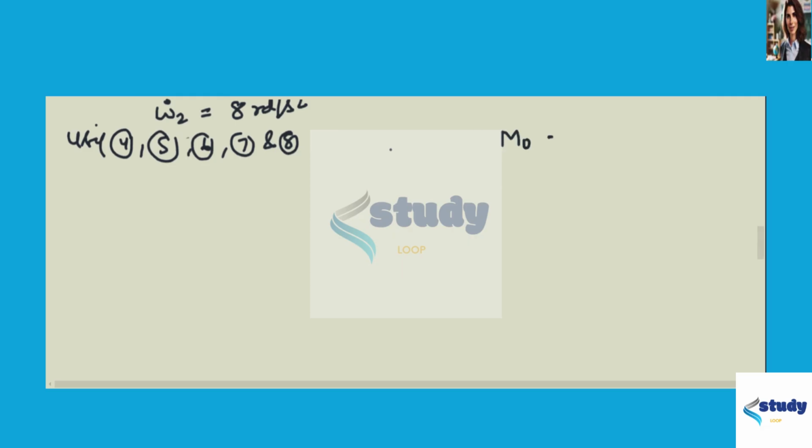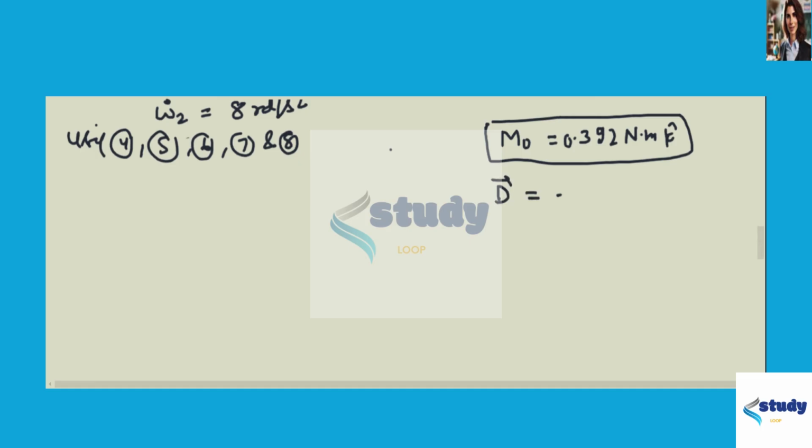Moment of couple you will get 0.392 Newton meter K cap. Dynamic reaction D you will get minus 21.0 I cap plus 28 J cap Newton, and dynamic reaction E will be minus 21 I cap minus 4 J cap Newton.